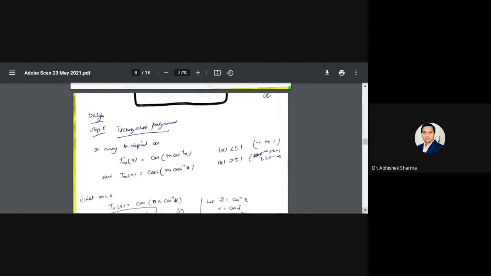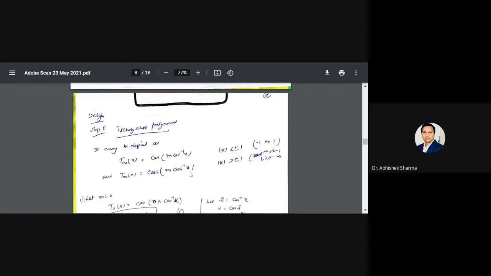So in this, it starts from the Chebyshev polynomial. You just remember what we are going to do in this. Our main aim is to calculate A1, A2 up to AN, so that we can find out the array factor. The generalized expression for the Chebyshev polynomial is Tm(x) equal to cos of m cos inverse x for x between plus and minus 1, meaning x will lie between minus 1 and 1.